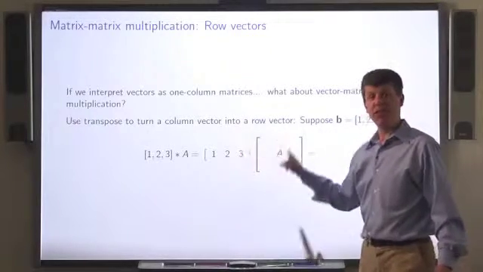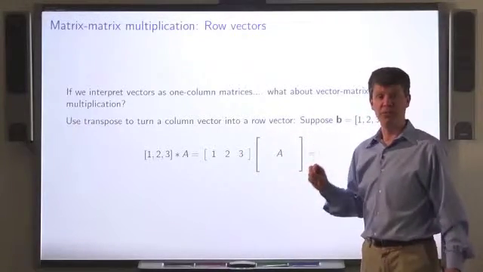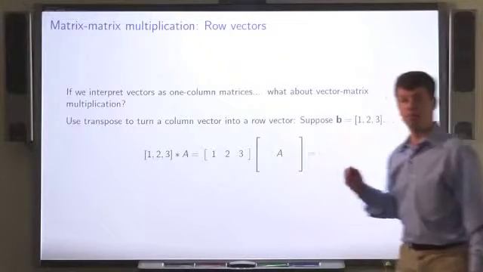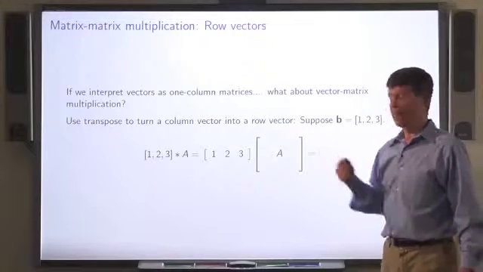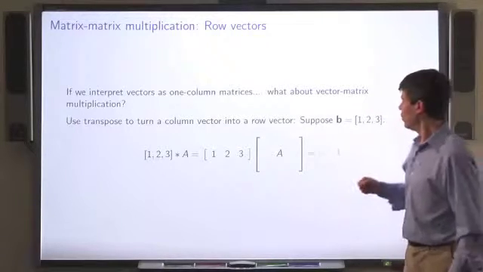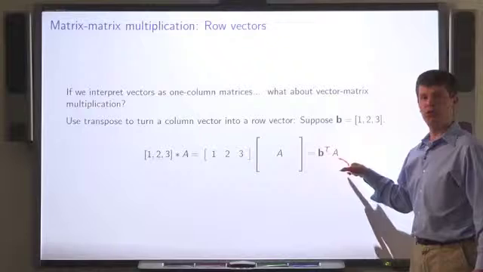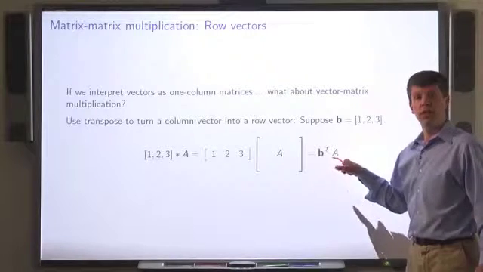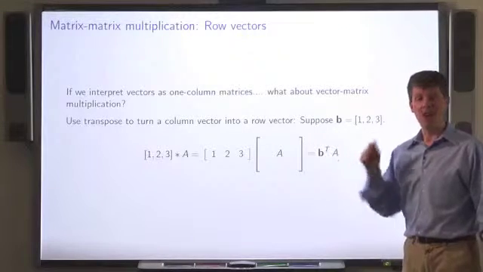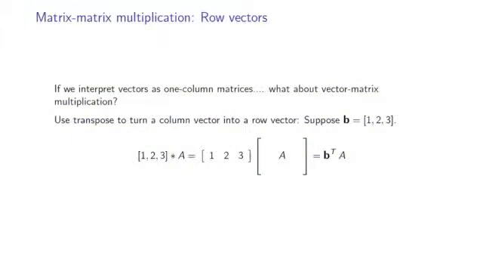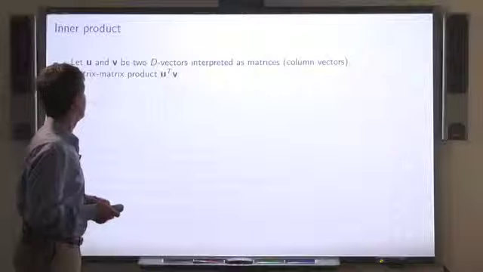Then by the vector-matrix definition of matrix-matrix multiplication, the product you get is a single-row matrix. So we would write this as B transpose times A, to be consistent with our convention of interpreting a vector as a column matrix. Since the vector B is a column matrix, the transpose of B is a row vector, that is, a matrix with a single row.